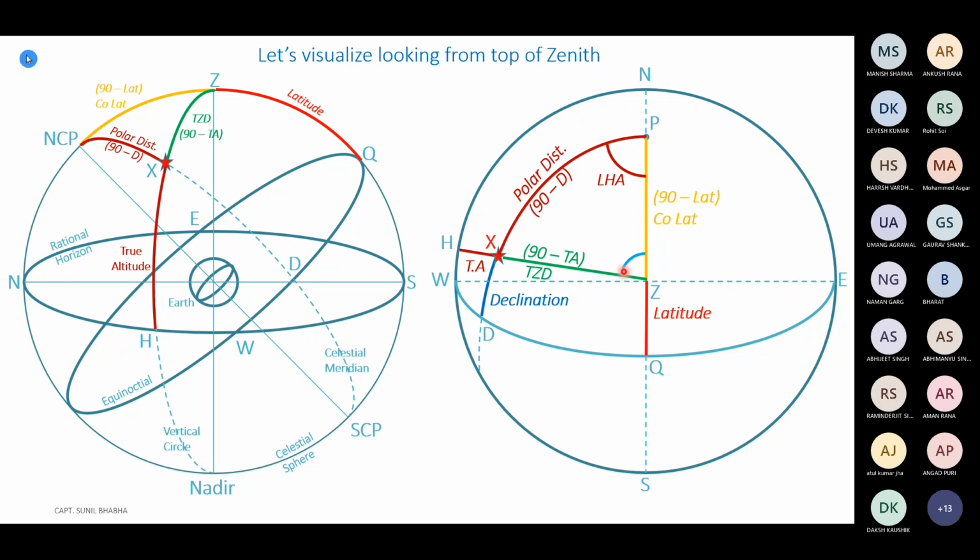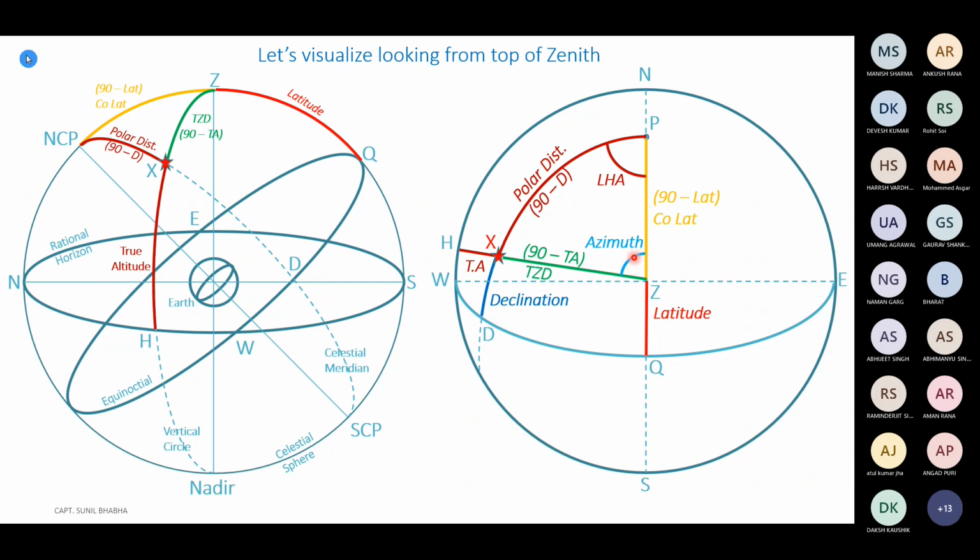Let me represent it in blue color. You can see this particular angle here. This is the definition of azimuth: the angle between the celestial meridian of the observer and the vertical circle passing through the body is the azimuth of the body.